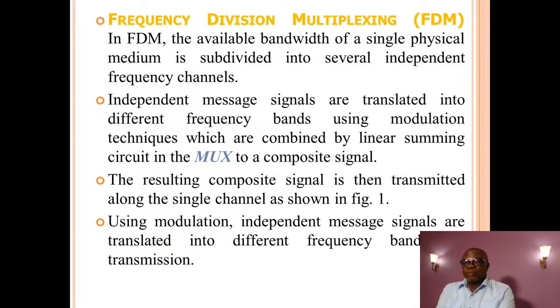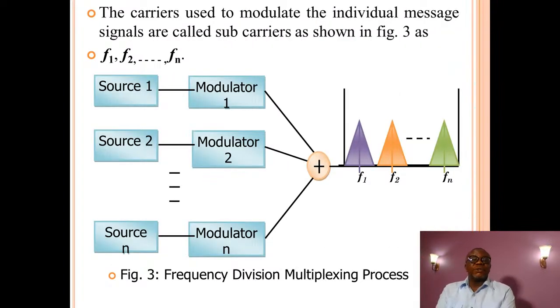And what made it possible is multiplexing them. As we go on, it becomes clearer how they are done. So the carriers used to modulate the individual message signals are called sub-carriers, as shown in figure 3.